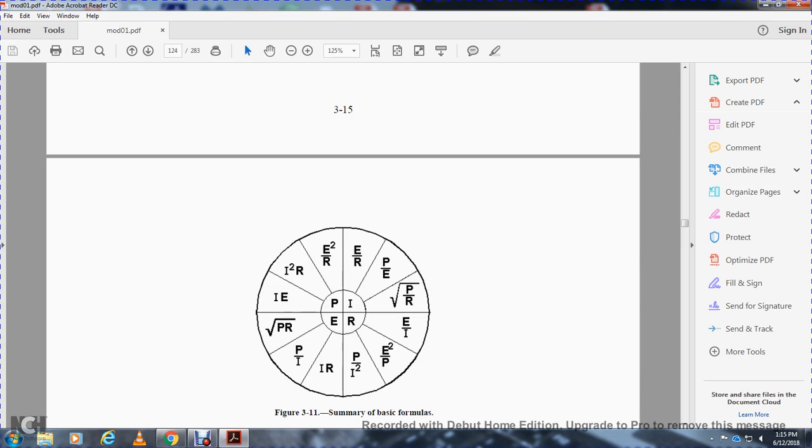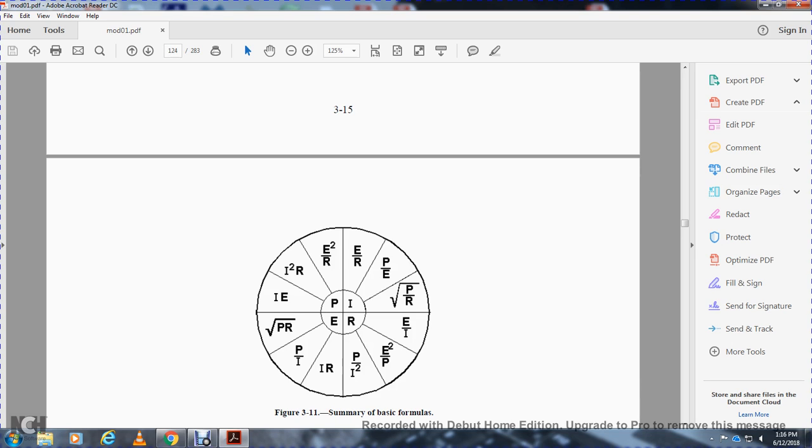If you want the power, you have volts times amps, amps squared times the ohms, and also volts squared over the ohms. If you want the amps, you have the volts over the ohms, the watts over the volts, or the square root of the watts over the ohms.